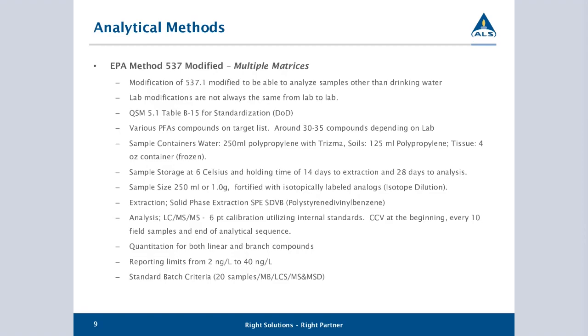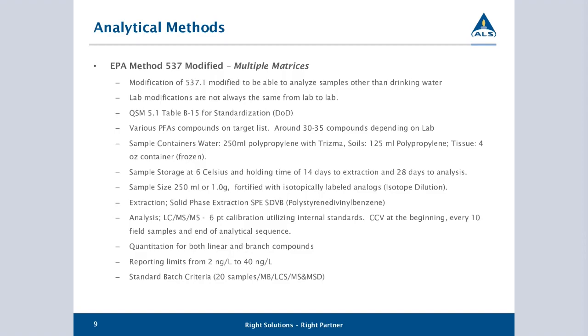They also started modifying it to increase the compound list, because even though the original 537 had 14 compounds, our clients would come back and say, well, what about this one? What about this one? So what happened is all the different laboratories started modifying these methods, but not all modifying them in the same way.